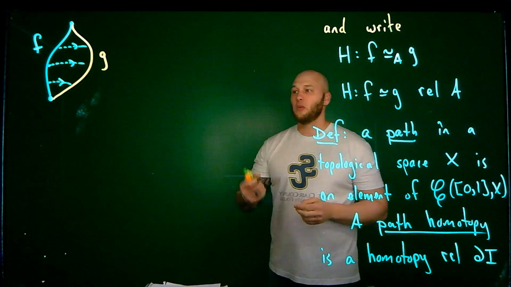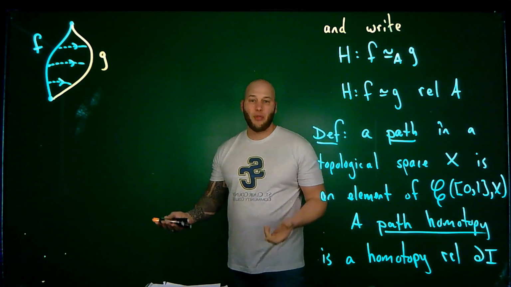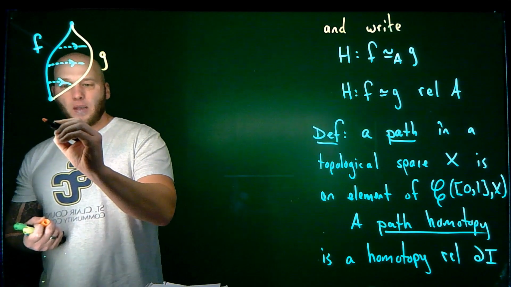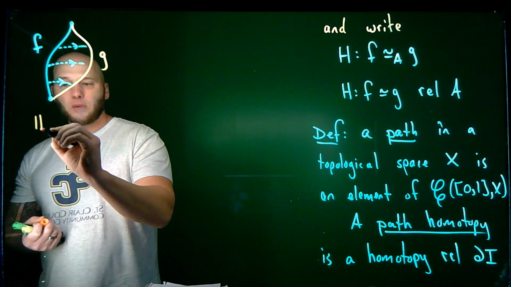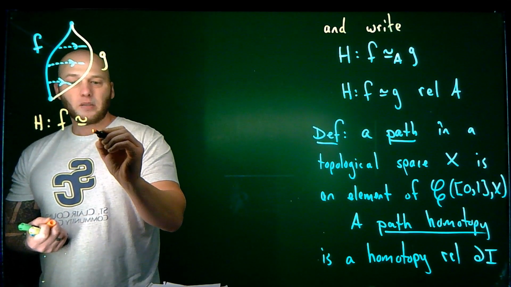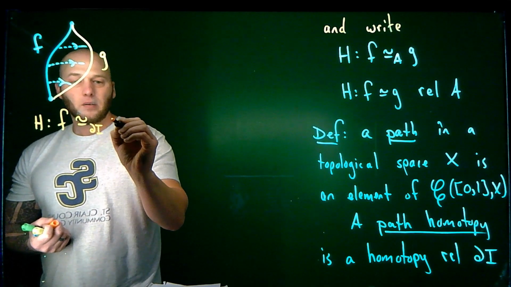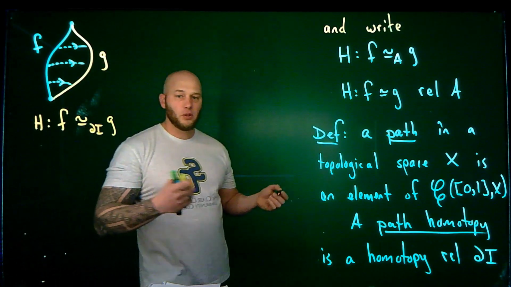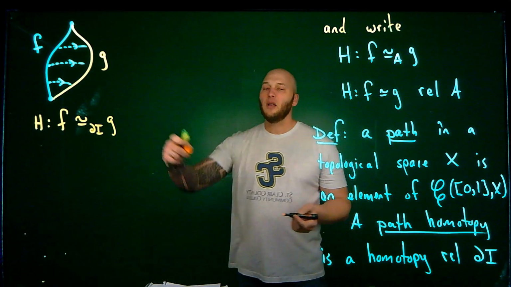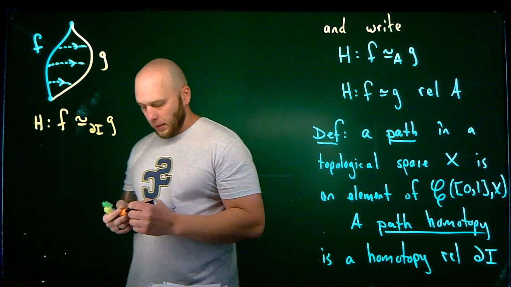And this is what's called a path homotopy. Notation for that is we could say that H is a homotopy relative to the boundary of I from F to G. So F and G are homotopic relative to the boundary of I via the homotopy H.